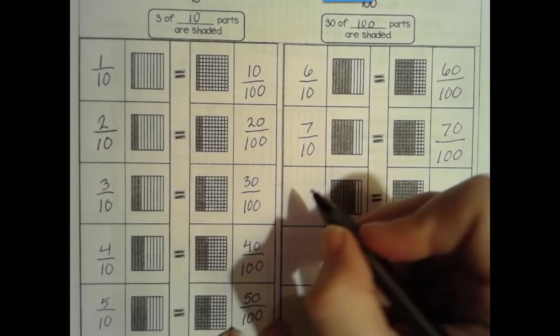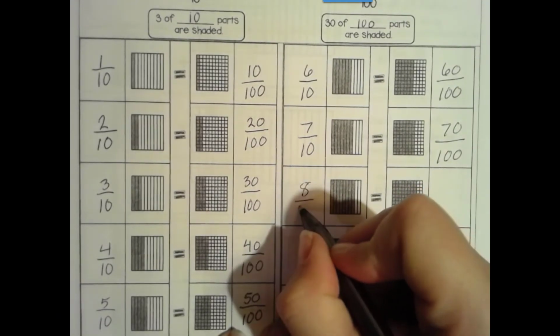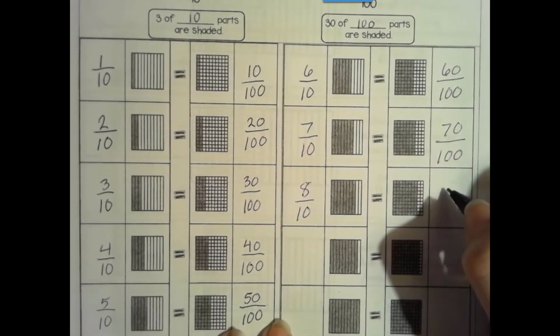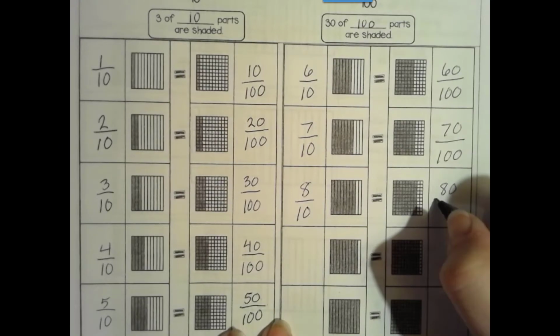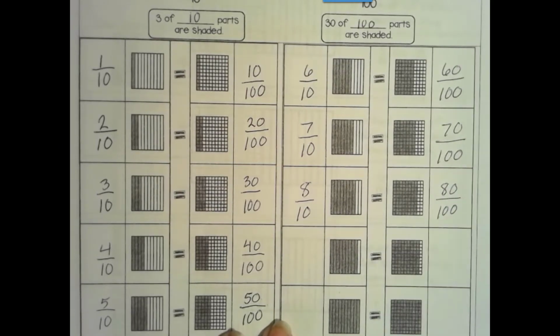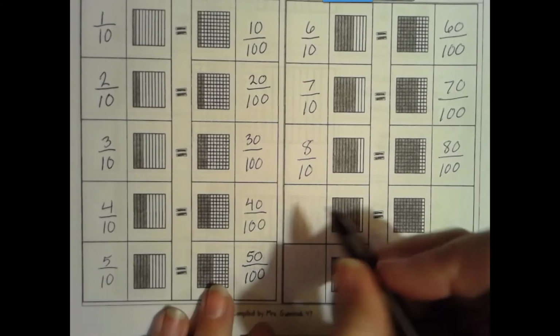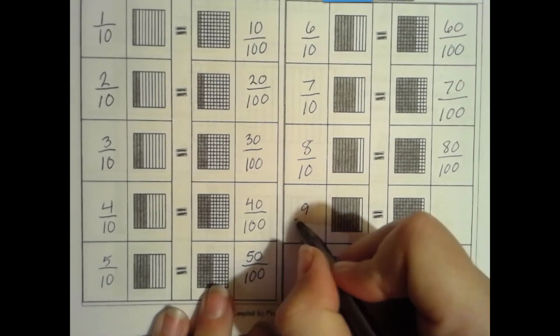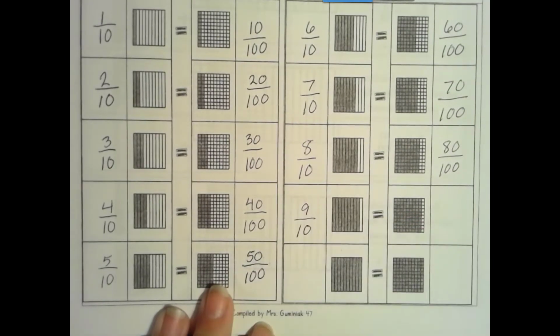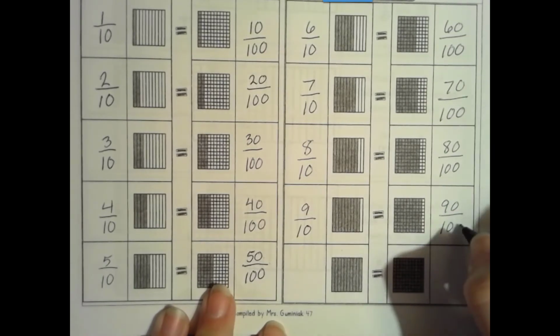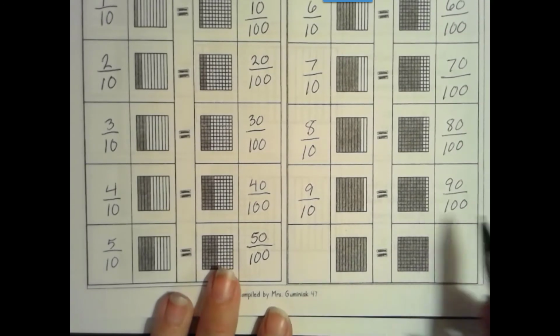Here we have 8/10, and here we have 80 100ths. 9/10, 90 100ths.